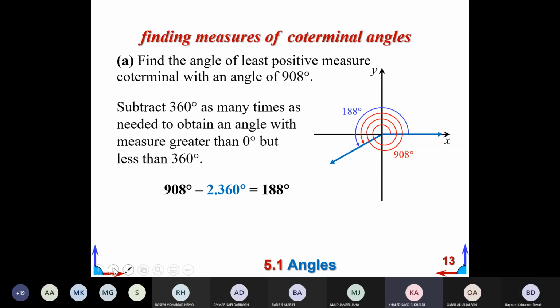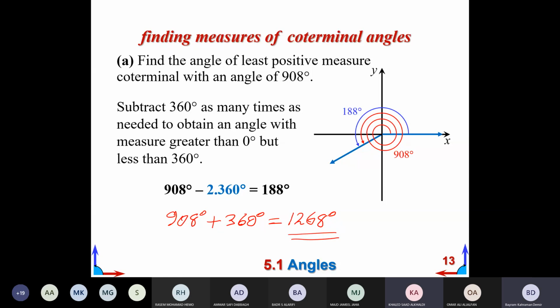If I add 360, 908 degrees plus 360, how much is this? 1268 degrees. Okay, this is also another coterminal angle.